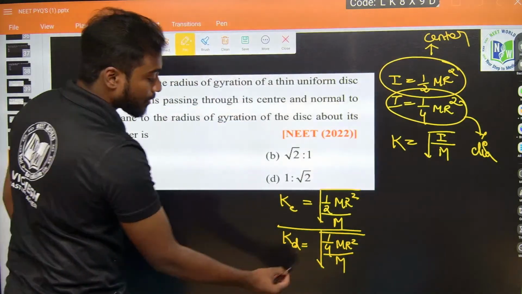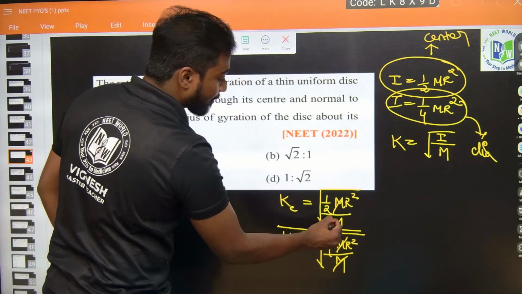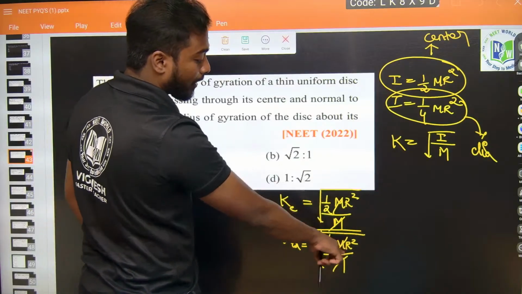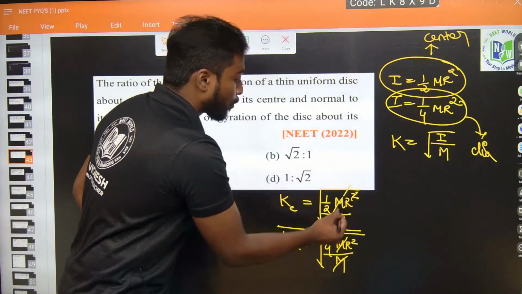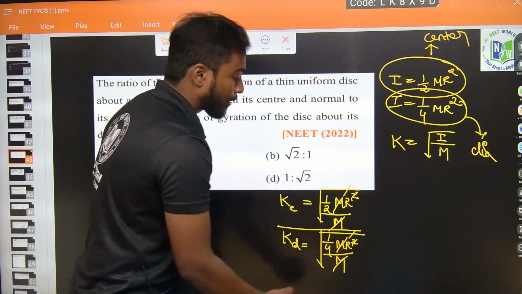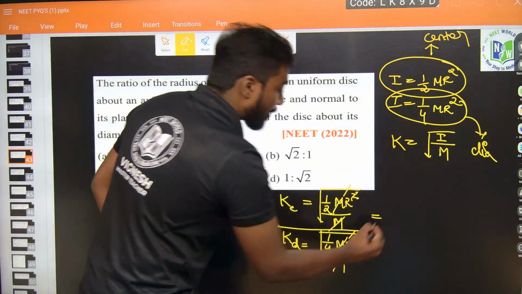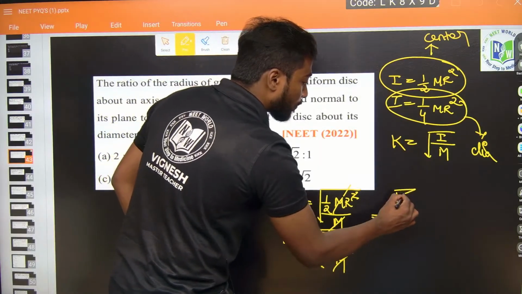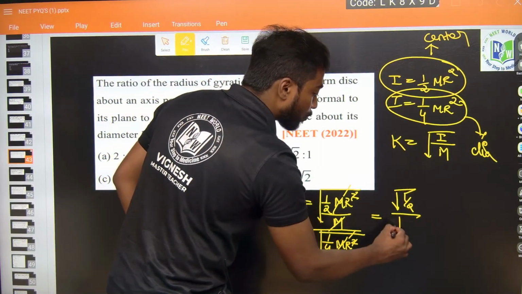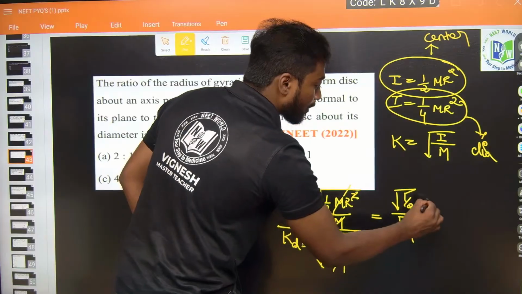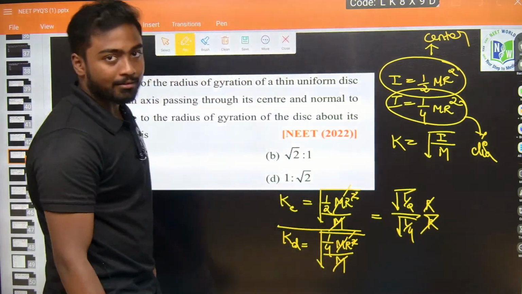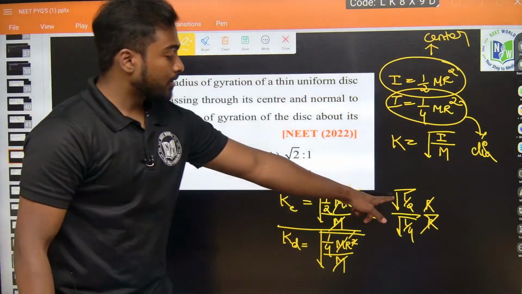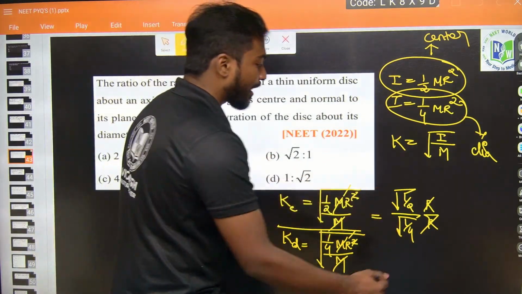In this, m will get cancelled, r square and root will get cancelled. So, what will be the remaining thing? Root over 1 by 2 divided by root over 1 by 4, and r by r will be there. So, r and r will get cancelled out. From this I can get the answer, right.